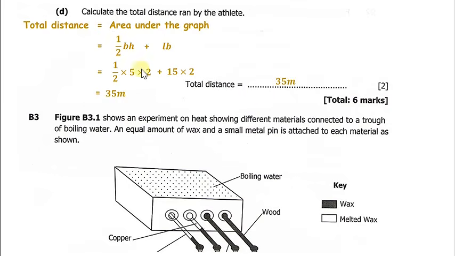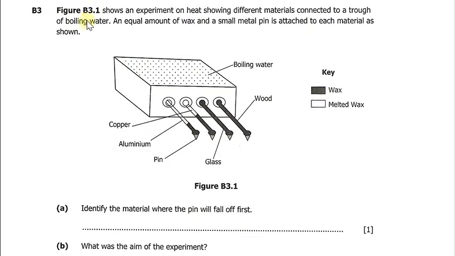Okay, then we come to this B3. It says figure B3.1 shows an experiment on heat showing different materials connected to a trough of boiling water. An equal amount of wax and a small metal pin is attached to each material as shown.